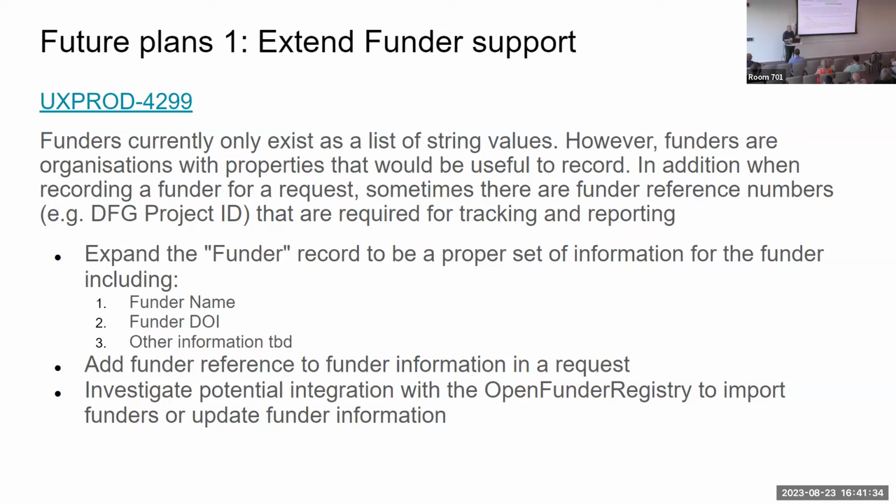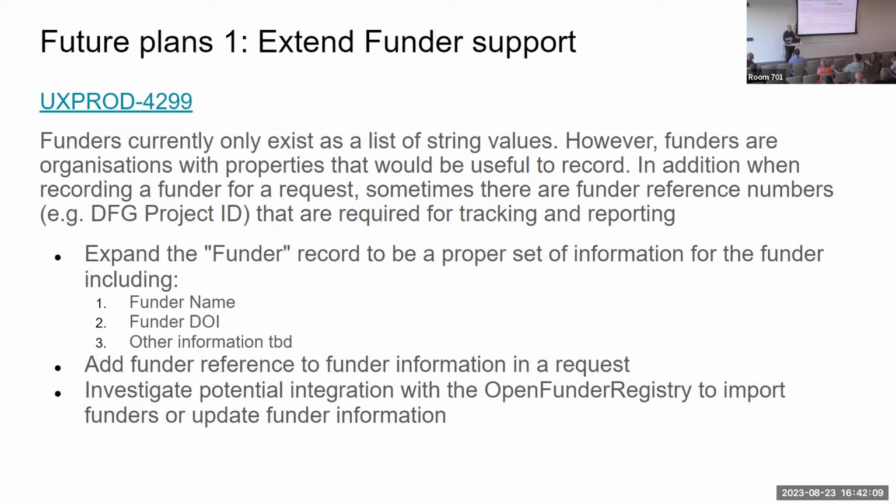So at the moment, when you add a funder to a record, the funders are just a list of string values, just like you saw I had Wellcome and DFG and NIH. They're entered as reference data in a list, and you have to choose from those. But funders are organizations with their own policies, and they have identifiers associated with them, and reference numbers, which might be grant numbers or that kind of thing.